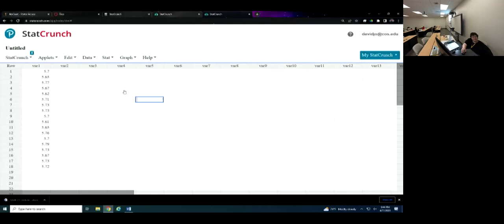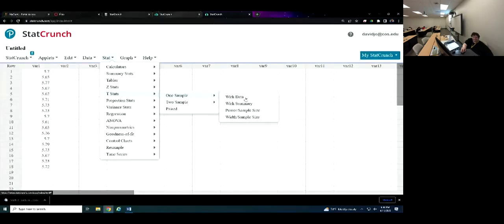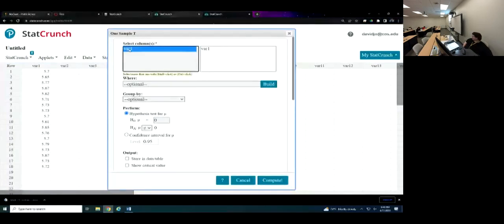That's the old test. The problem we're currently on is T-stats, one sample with data this time. I've only got one column with data, so we'll just select that column. The other part is the same. I have to tell it what hypothesis test we're doing.